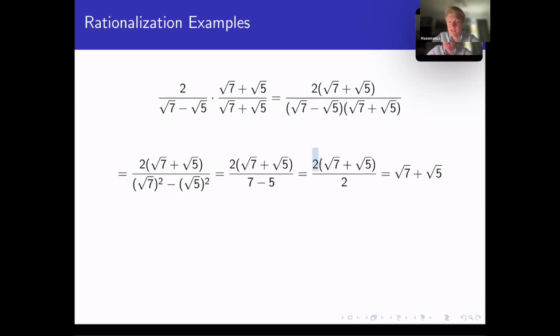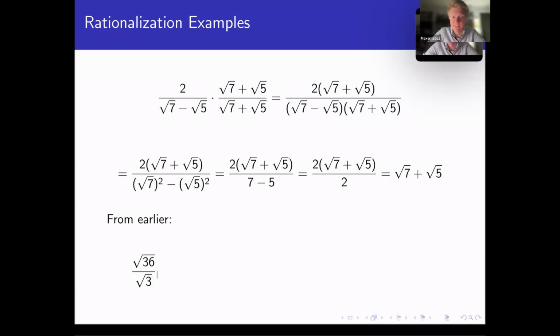This step of canceling out is kind of just a nice cooked example so that the 2 could cancel out. But even if it doesn't cancel out, as long as there are no more square roots in the denominator, that's what we prefer.